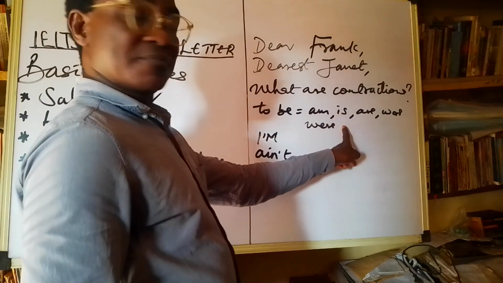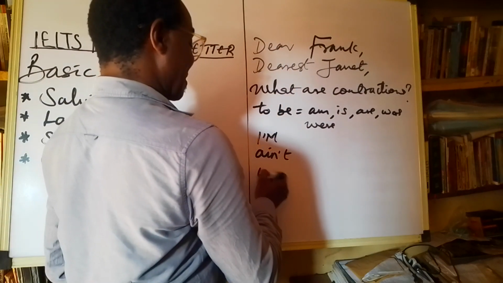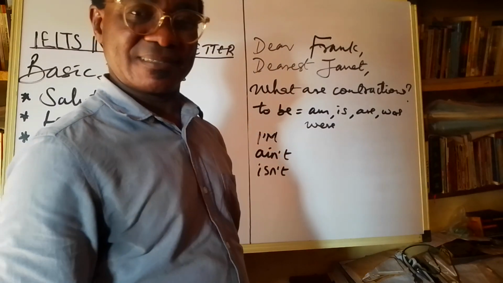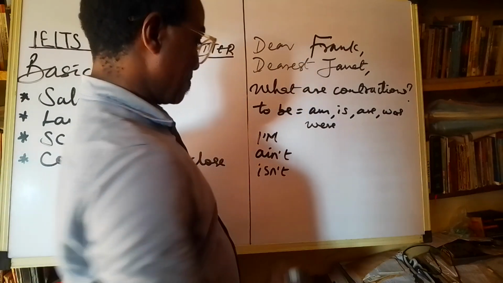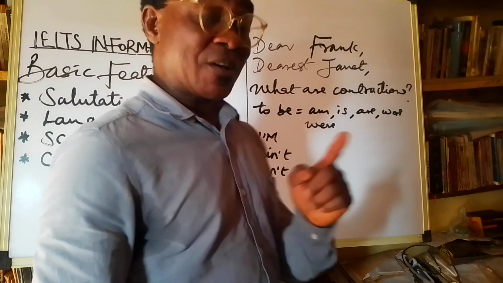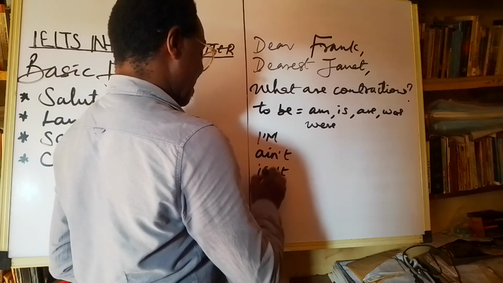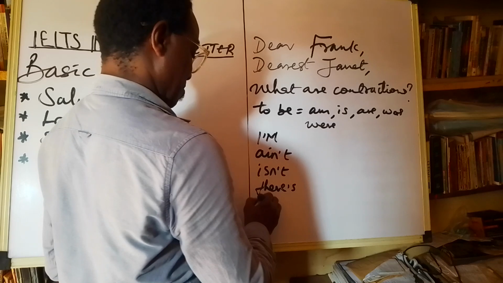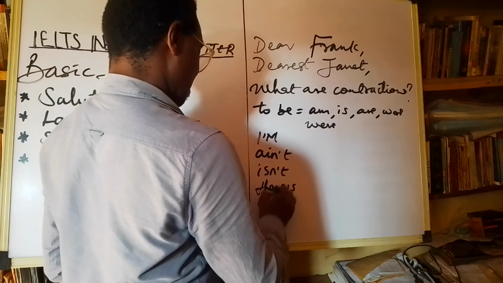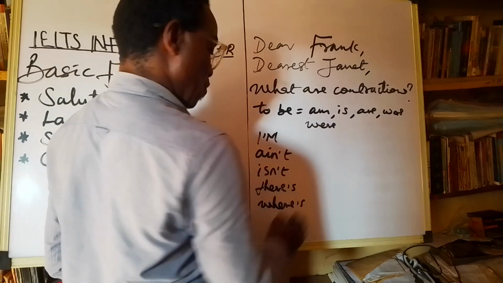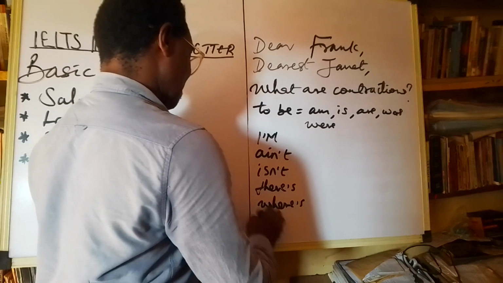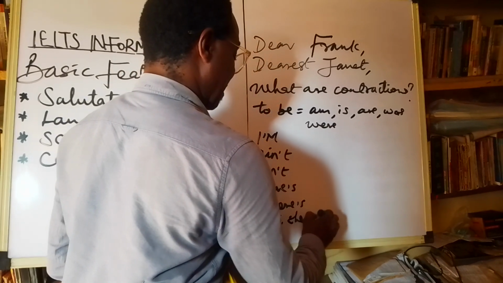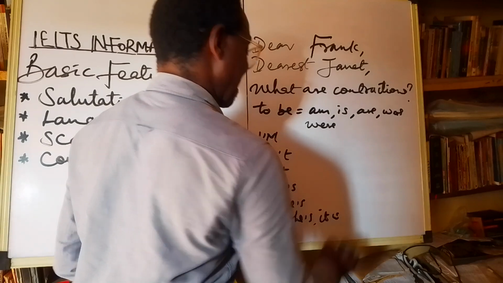And from the verb is, we get isn't, and so many other constructions such as there's, where's, he's, she's, it's.